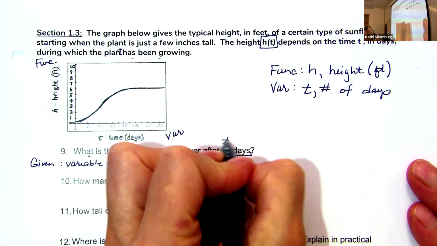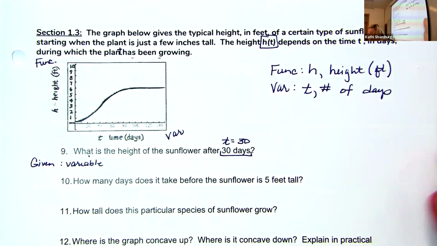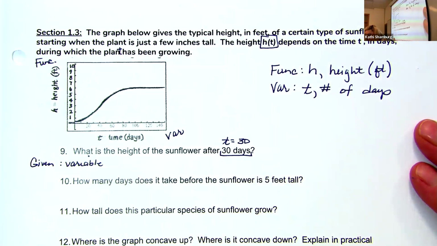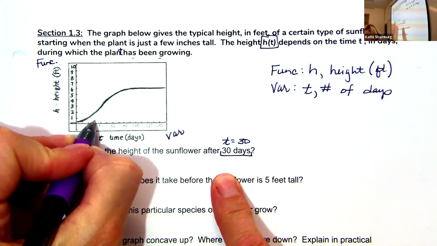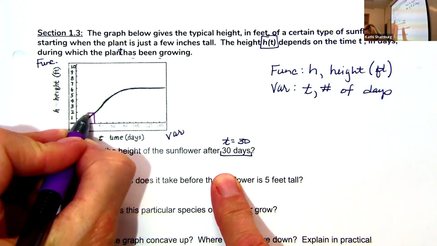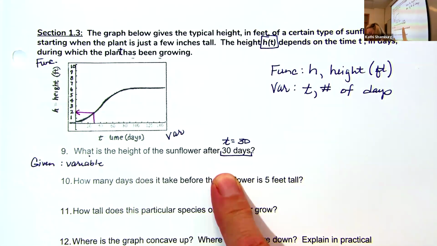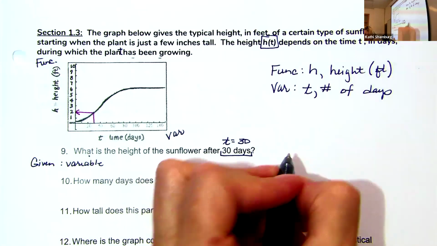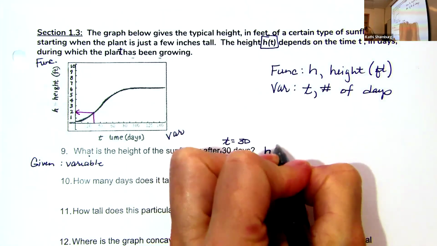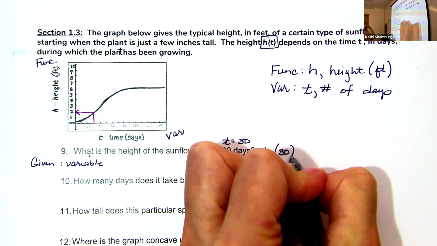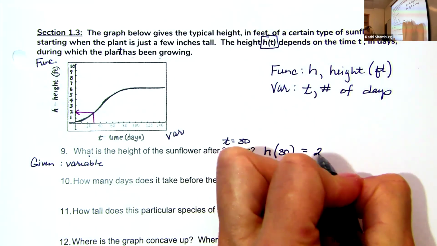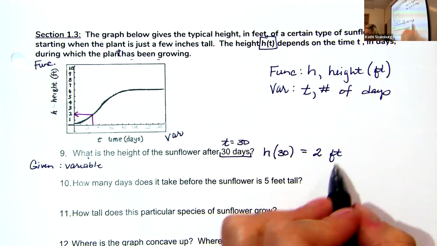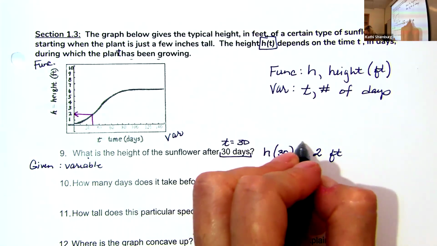So this is T equals 30. So I'm going to come up here to 30 days. I'm going to go up and over. So the height at 30 days is equal to what? To what? Feet. Be sure, if you don't give me feet, I will count off.